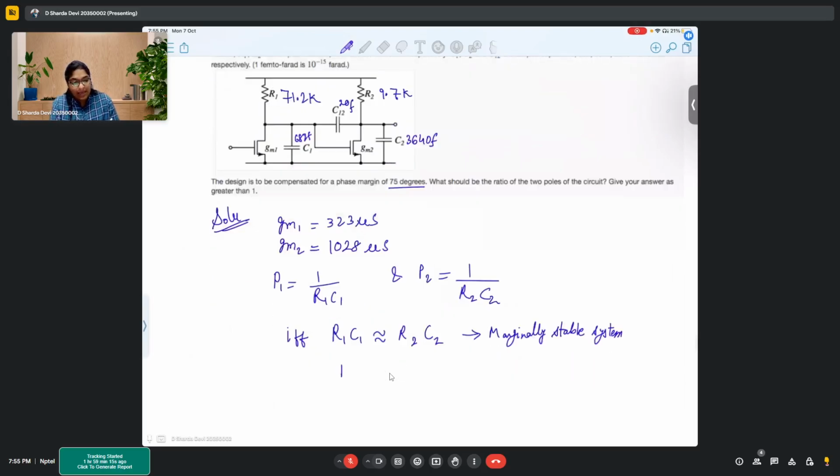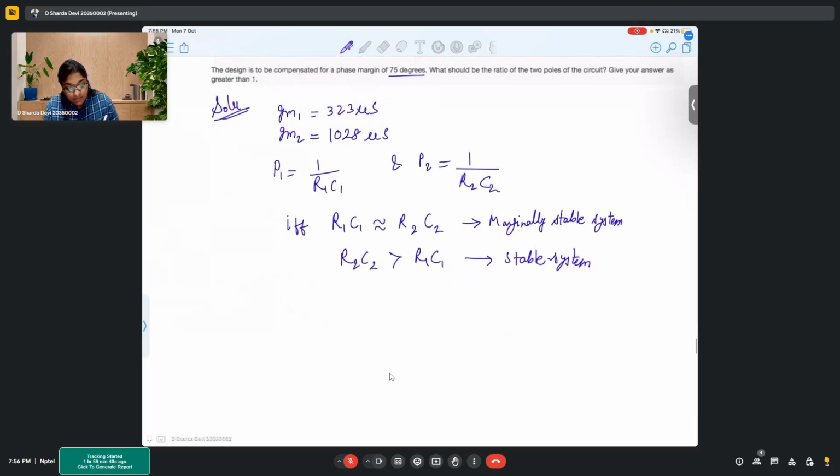But if we have R2 C2 greater than R1 C1, that is the output side pole is greater than the input side pole, so it becomes a stable system as there is separation between the two poles. So R2 C2 by R1 C1 should be greater than 1 for having a stable system.